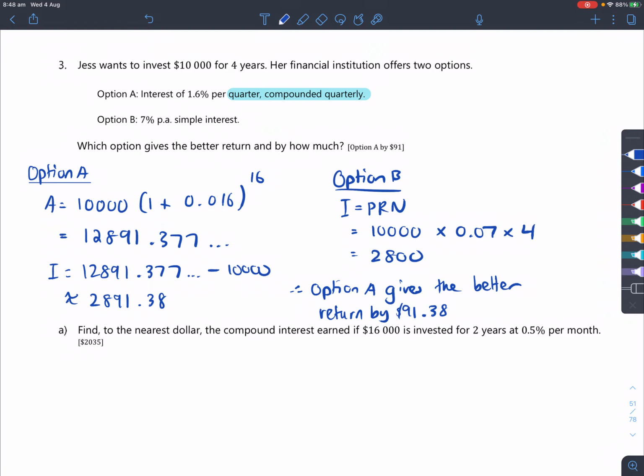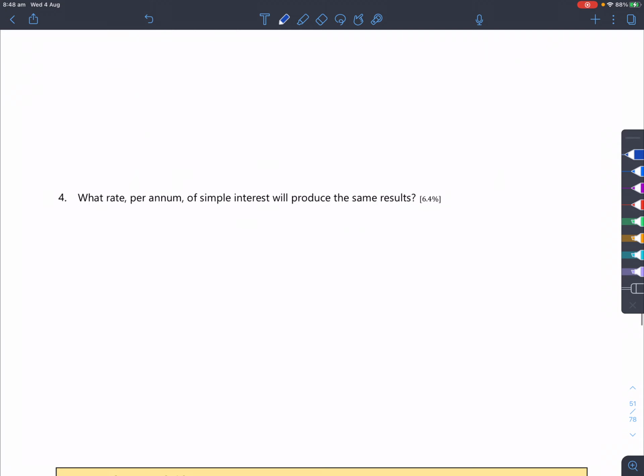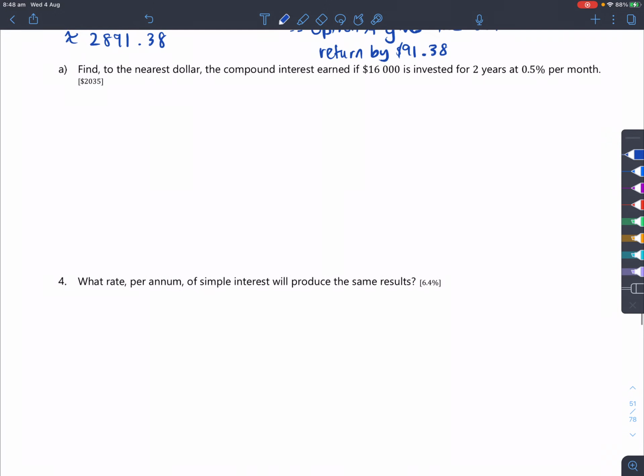This question should say question 4A and B, I believe. Sorry about that. Find to the nearest dollar the compound interest earned if $16,000 is invested for 2 years at 0.5% per month.